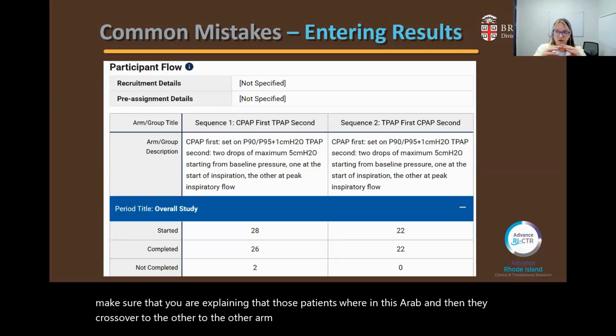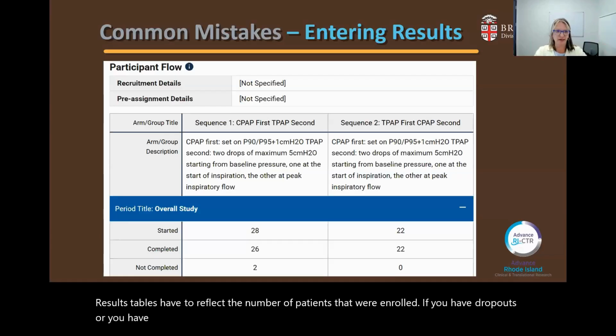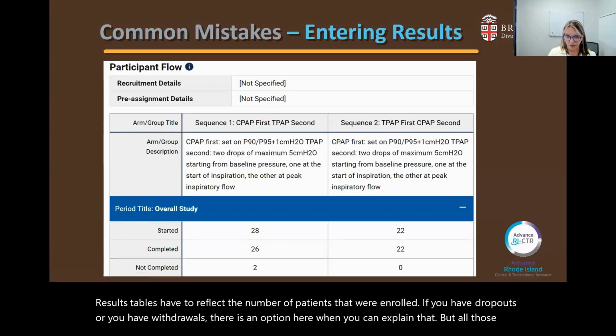So at the end, the results table has to reflect the number of patients that were enrolled. If you have dropouts or withdrawals, then there is an option here where you can explain that. But all those numbers have to add up.